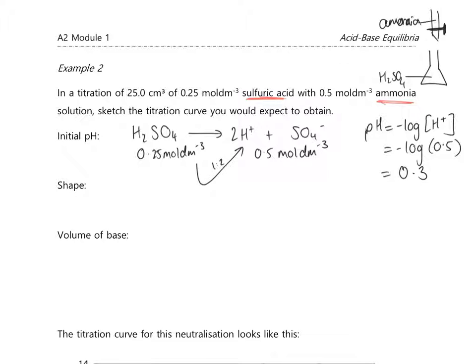Okay, the shape we get from the name of our acids, deciding whether they're strong or weak acid or strong or weak base. So sulfuric acid, strong or weak? Okay, so we've got strong acid versus ammonia, which is a weak base. So it's going to be shaped like which curve? Have a look back to page 48.